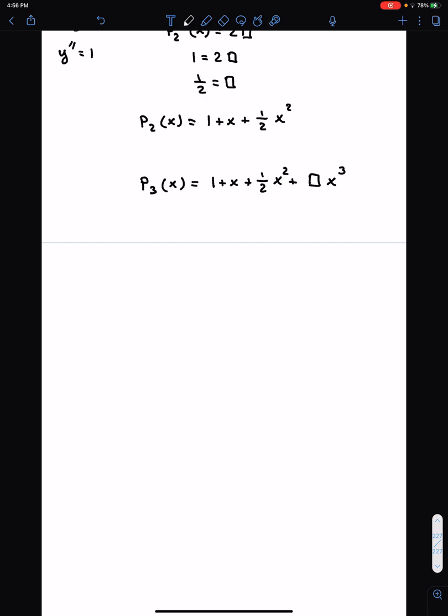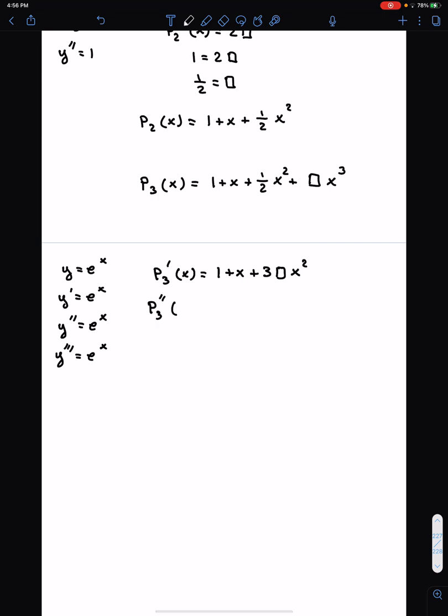So three derivatives. If y is equal to e to the x, y prime is also e to the x, y double prime is e to the x, and y triple prime is e to the x. So the first derivative is equal to 1 plus x plus 3 times the coefficient x squared.